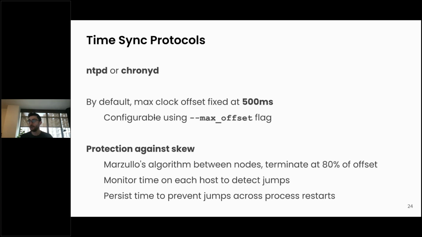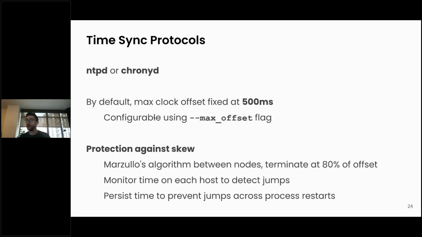And so we believe that this could be improved, but for now this is actually a static configuration where upon process startup, it will configure its maximum offset that it expects to see between itself and any other process in a cluster of CockroachDB nodes. And by default, this is 500 milliseconds of clock skew.